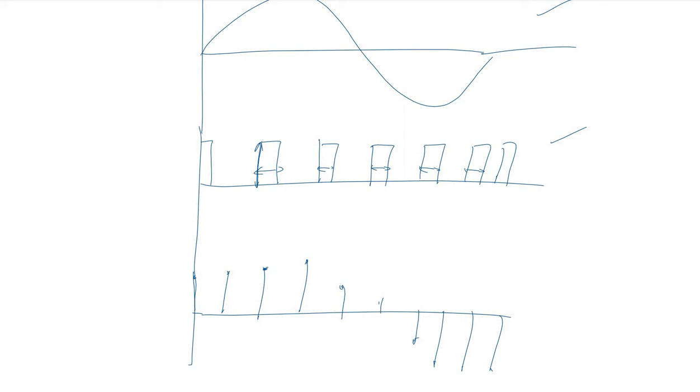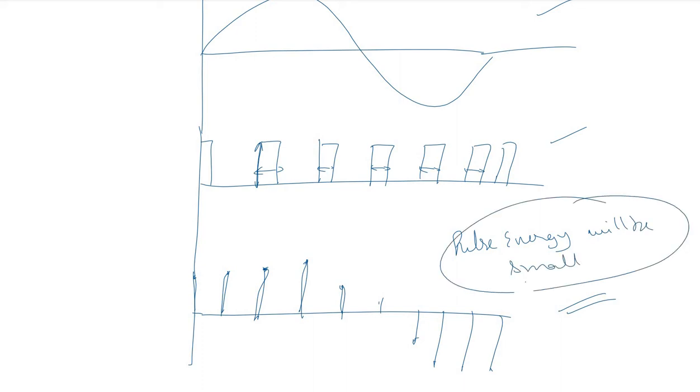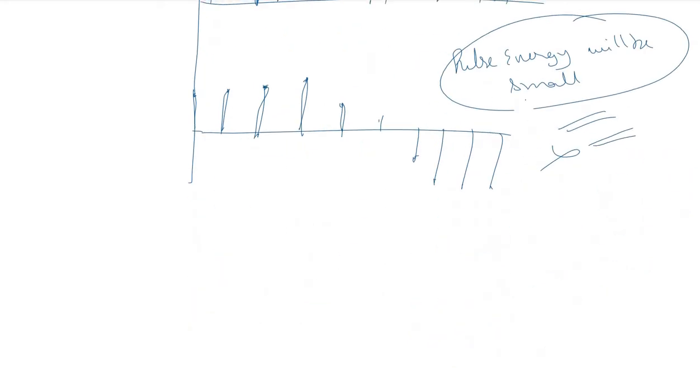But the problem associated with this type of sampling or PAM signal is that since the width of each sample is very small, the pulse energy will be small, hence it cannot be used for communication purposes. So we cannot go for this type of flat top sampling. Rather, this is also known as instantaneous sampling.